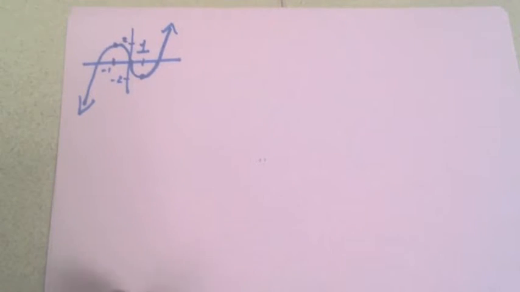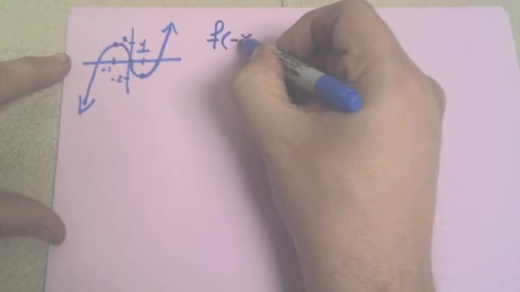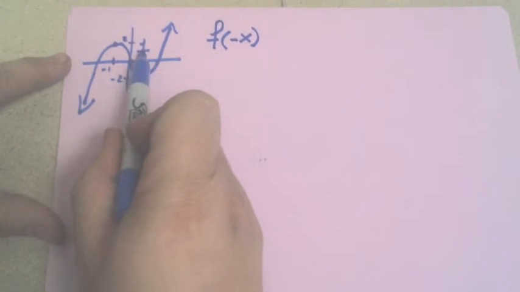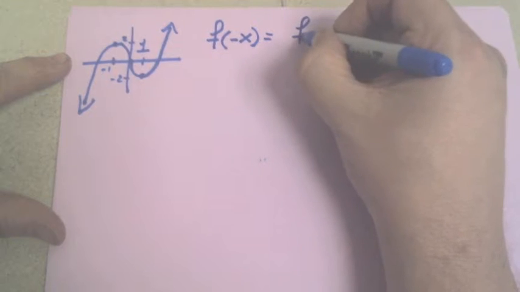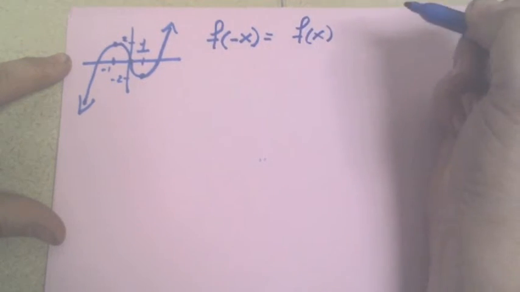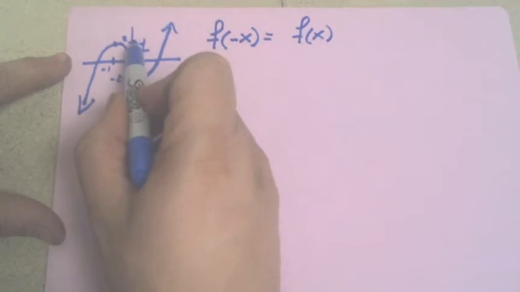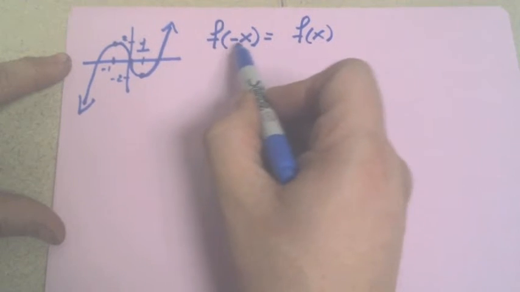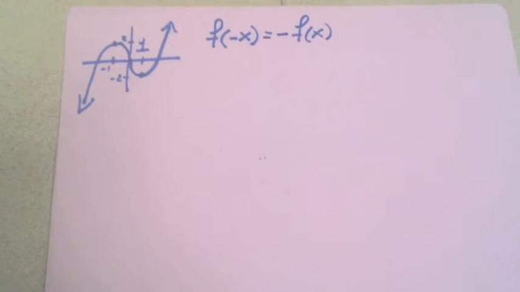So it's staying the same, kind of the same absolute value, but if you take your function and evaluate it at the opposite, if you change from positive 1 to negative 1, you get the same output, but instead of being a negative 2, it turned into a positive 2. So if you change the sign of your input, it changes the sign of your output. Essentially it flips it upside down.